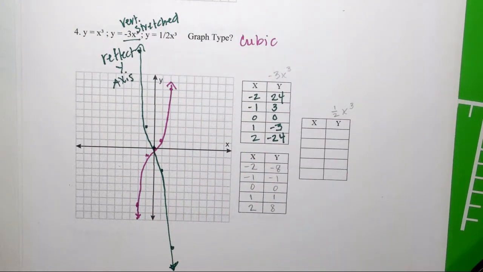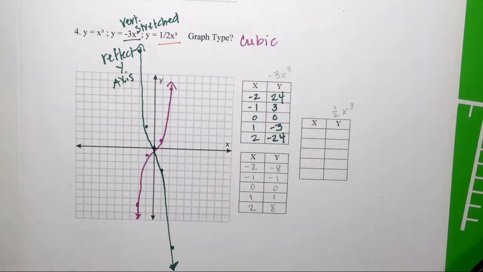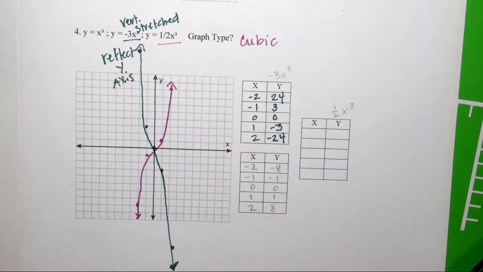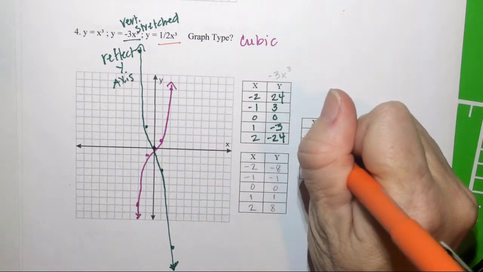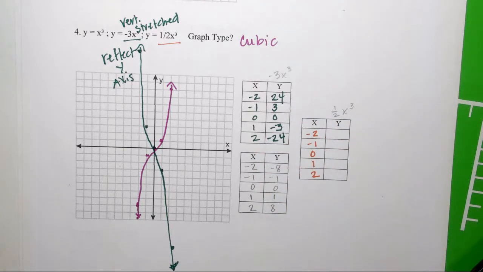And then our third problem in this set is 1/2 times x cubed. So we're going to go over here on this t-table. And let's go ahead and use -2, -1, 0, 1, and 2. Okay.